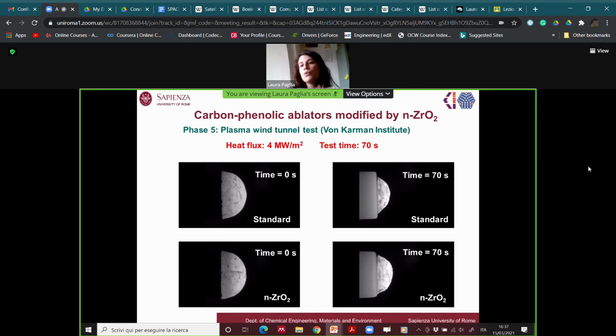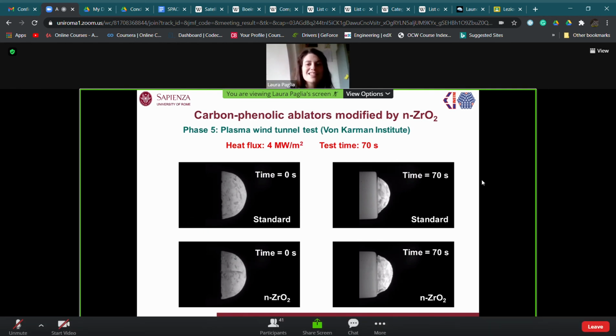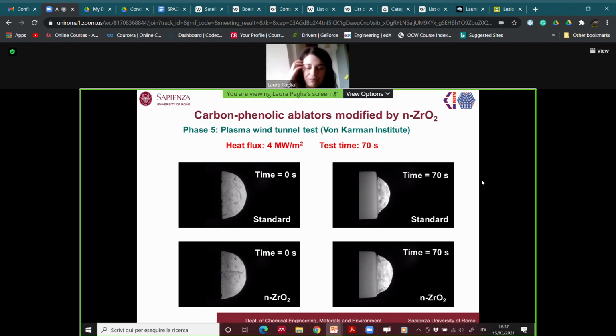Okay, and so we also chose conditions which could be comparable for these other carbon phenolic ablators, because we are very interested in understanding how much we can improve the performance of these ablators. And this heat flux is comparable also with the heat flux which could be experienced by a re-entry vehicle from low or high energy orbit.